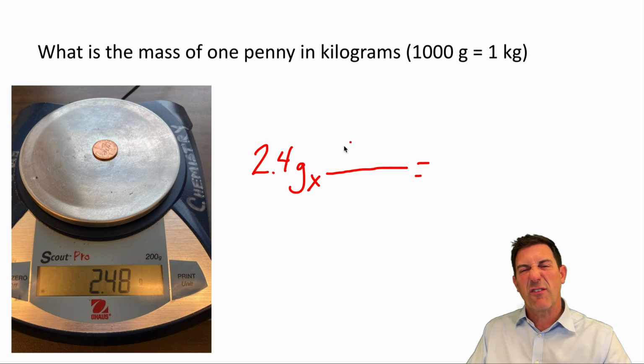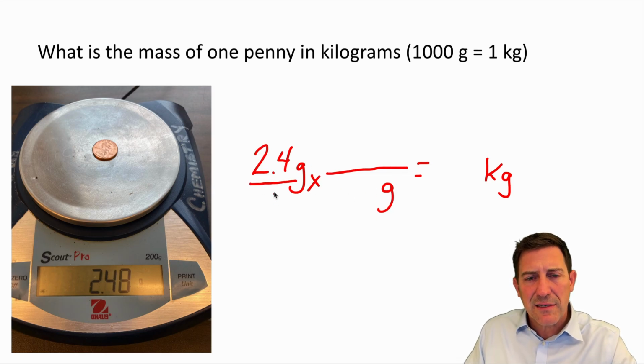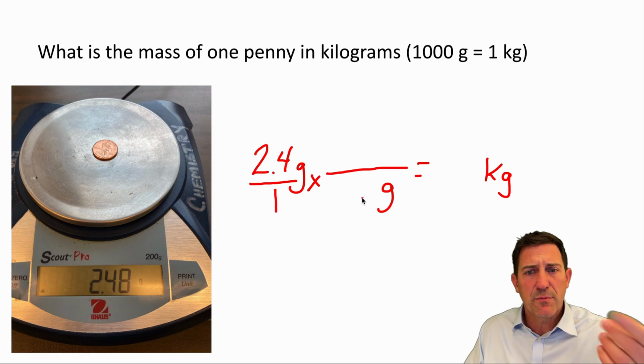I've got what's called a conversion factor waiting for me right here. And I need to turn that into kilograms. Okay, well, I'm in grams. I want to be in kilograms. So I'm going to put grams down here, because I know if I have something on the opposite side of the line, some people don't like this, so they like to see it over 1, and that makes a little more sense. If you like it over 1, put it over 1. Doesn't matter to me.